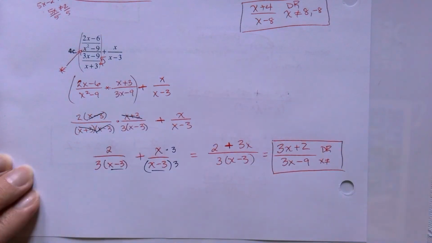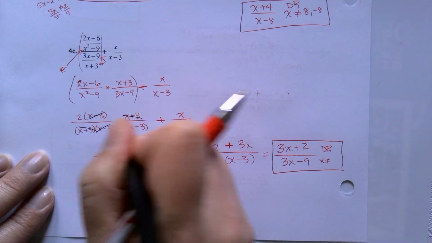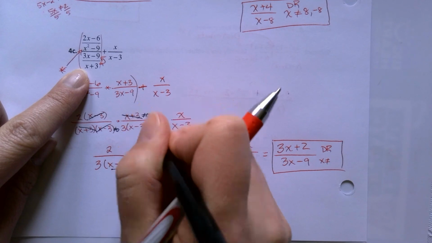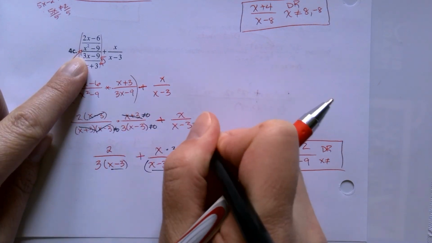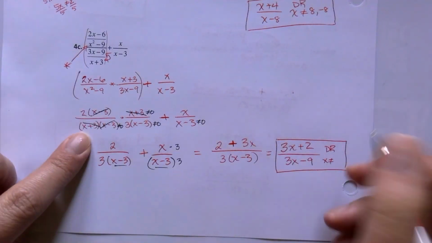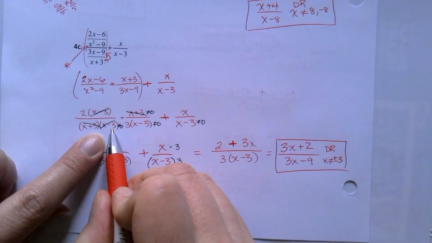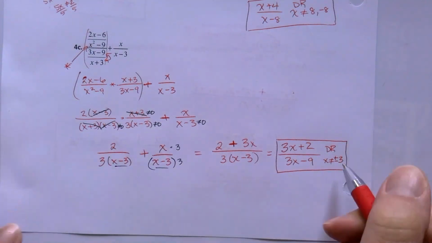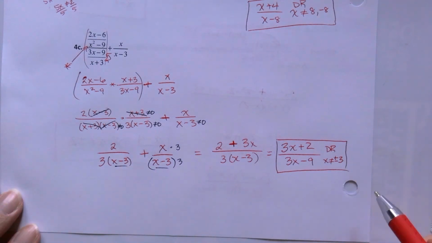So I am taking my domain restrictions from here, so this cannot equal 0. This was the denominator down here. This was the piece from that numerator in the denominator, and then this piece here. So x cannot equal positive or negative 3. There's my negative, there's my positive, there's negative 3, and there's 3 again. So with all of that, I only had the domain restriction of x cannot be positive or negative 3.